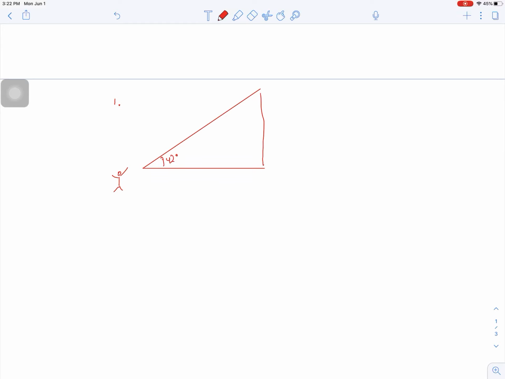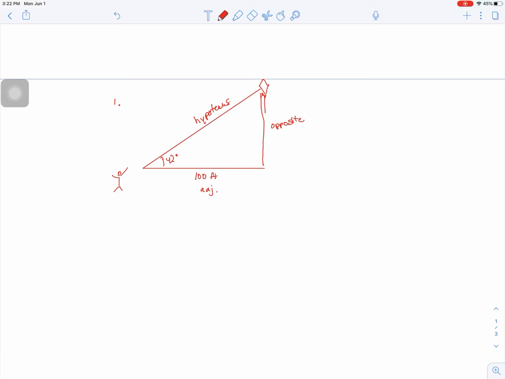And the kite is way up there. So here we have our fancy kite. We know this side is 100 feet, and this is the adjacent side. And that makes sense because this would be the opposite, and this would be the hypotenuse.